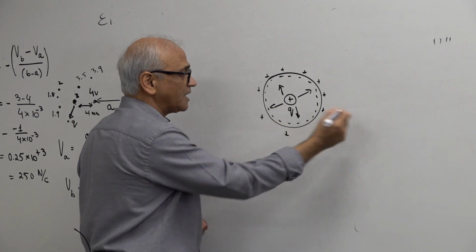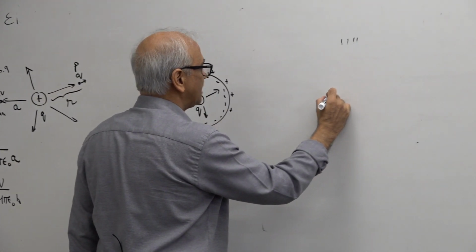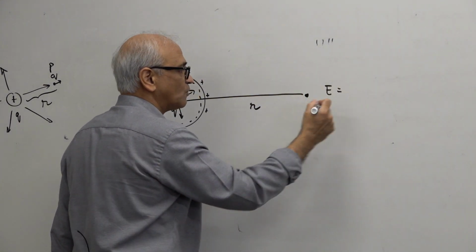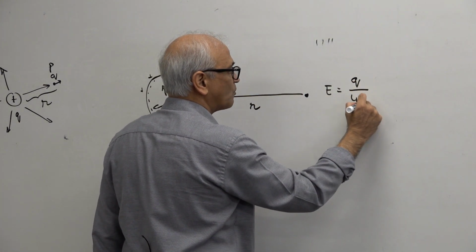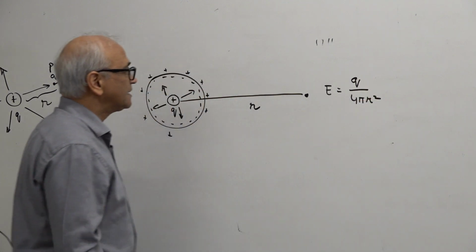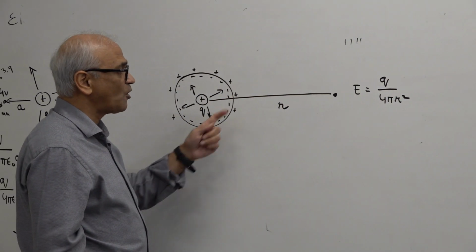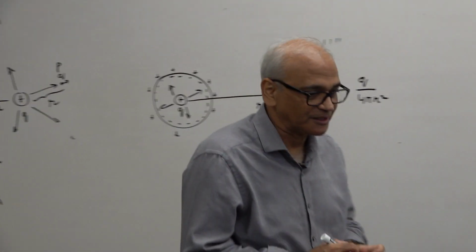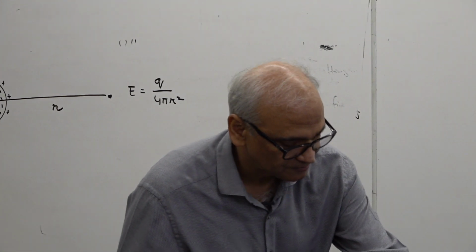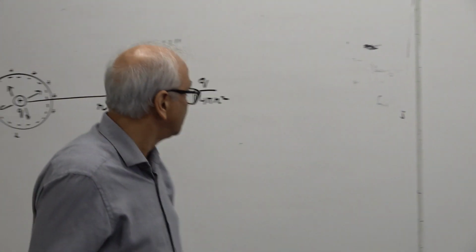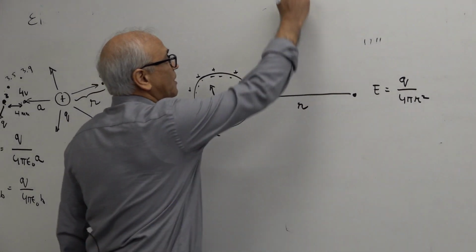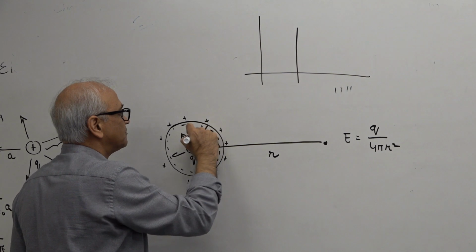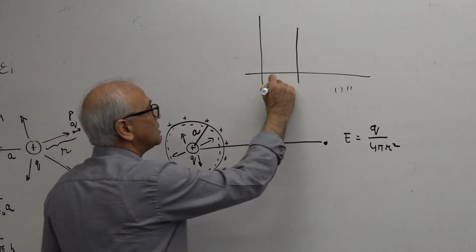So when I'm outside, I'm looking at an electric field at this point, and the distance is r. This would be simply E equals Q over 4 pi r squared. The electric field, as you go up to this point, will start to go up. Okay, my apologies. So if I draw a graph, let's say that the radius is a.